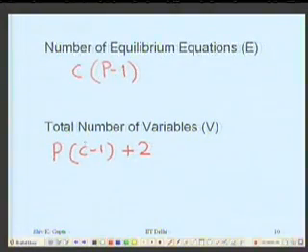So it is possible for me to have more variables and fewer equations, or variables equal to the equations. But I cannot have more equations than variables. That's not possible. And then we define the degrees of freedom as the number of variables minus the number of equations.